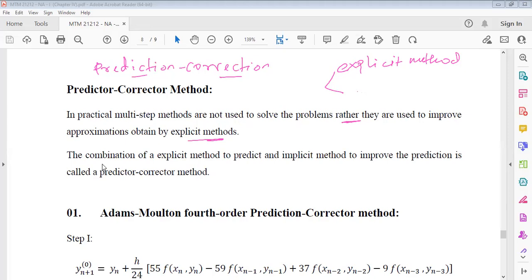Yes, good. Okay, one more person. Explicit, another one. Yes, others.